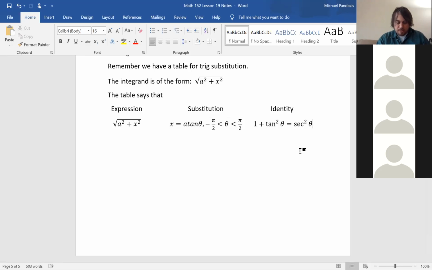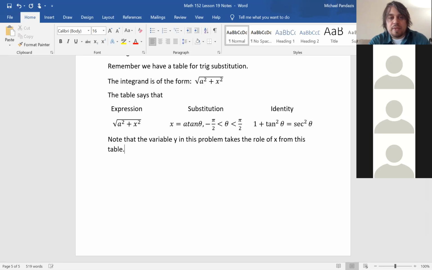Okay. So note that the variable y in this problem takes the role of x from this table, right?